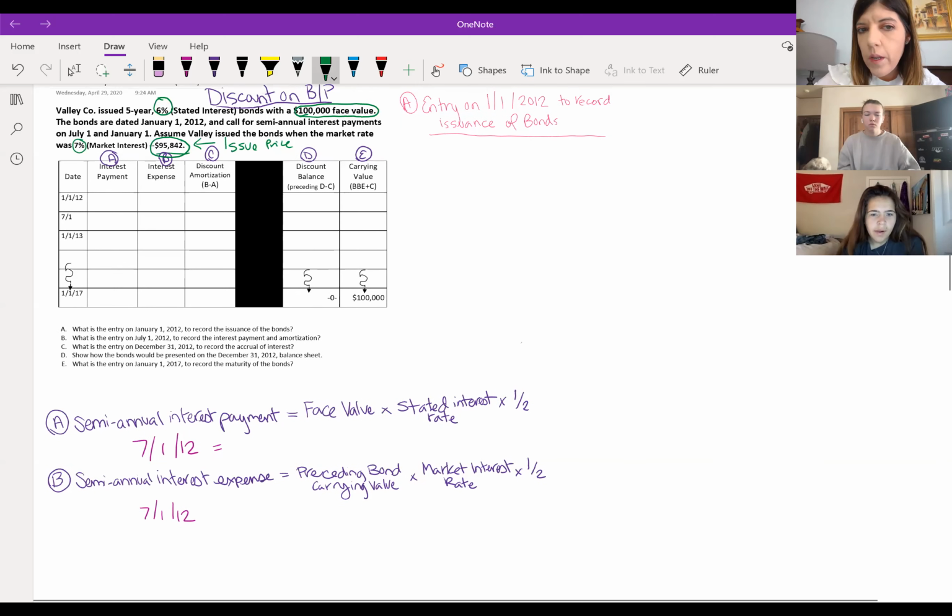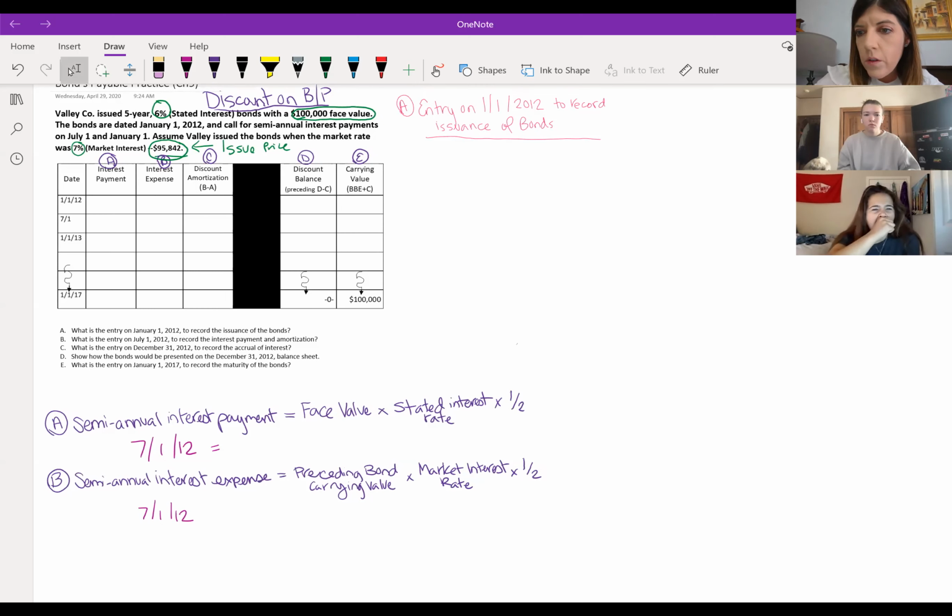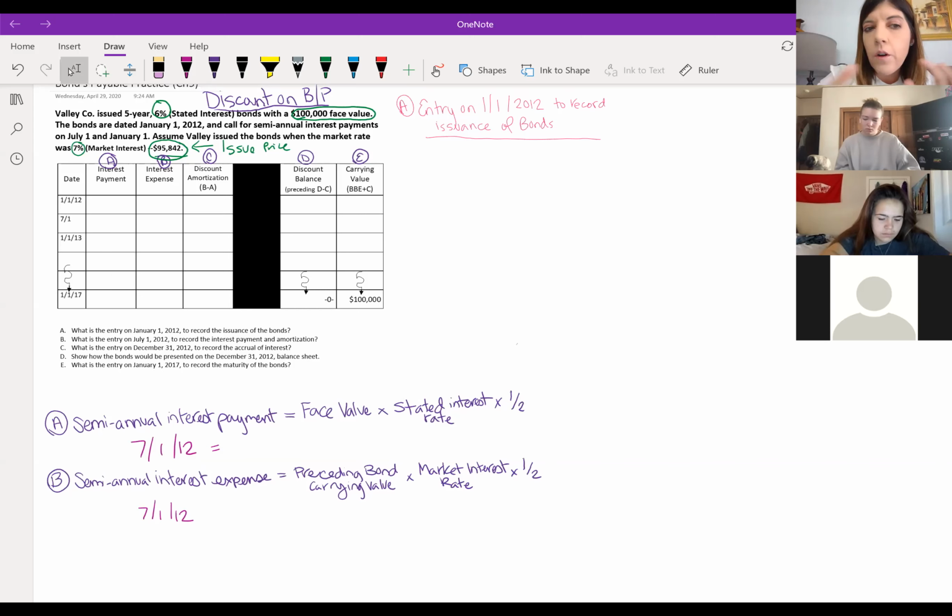At maturity, what are we going to pay back? $100,000 face value, regardless of how we issue the bonds. We receive 95,842 in cash.